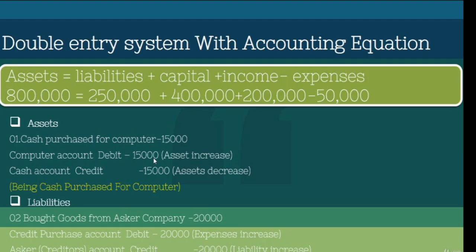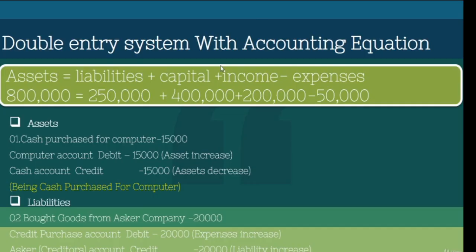The first one, cash purchase of a computer 15,000. The double entry: computer account debit 15,000, cash account credit 15,000. Why? If we purchase a computer and give cash, what will happen?